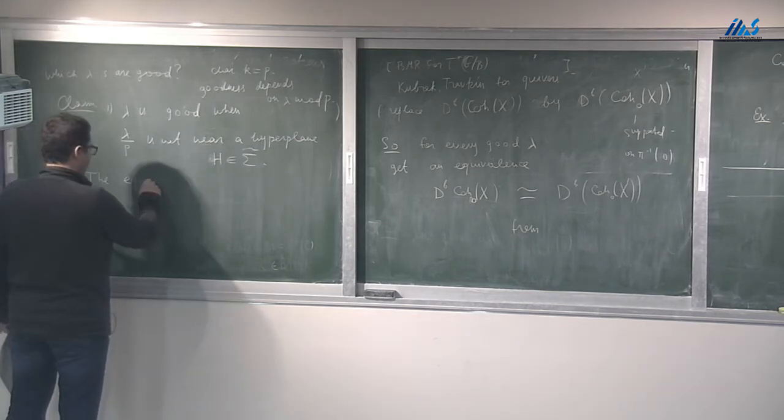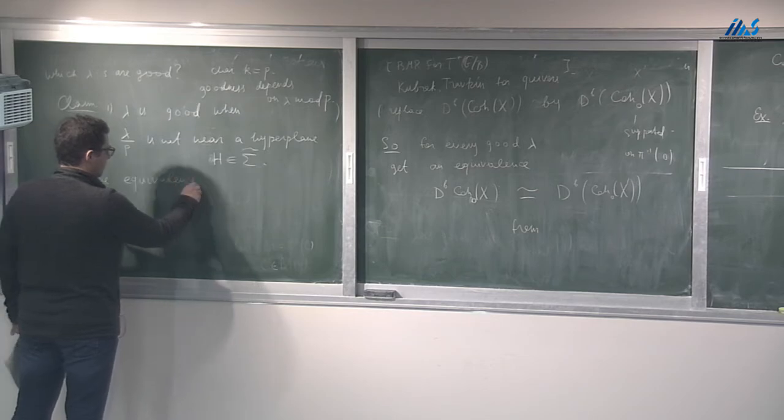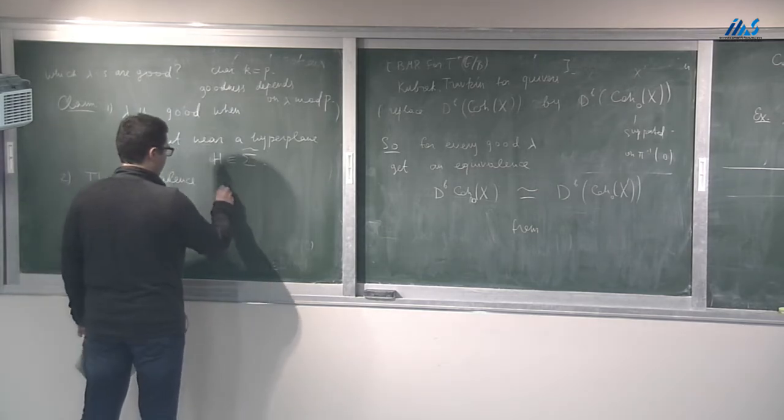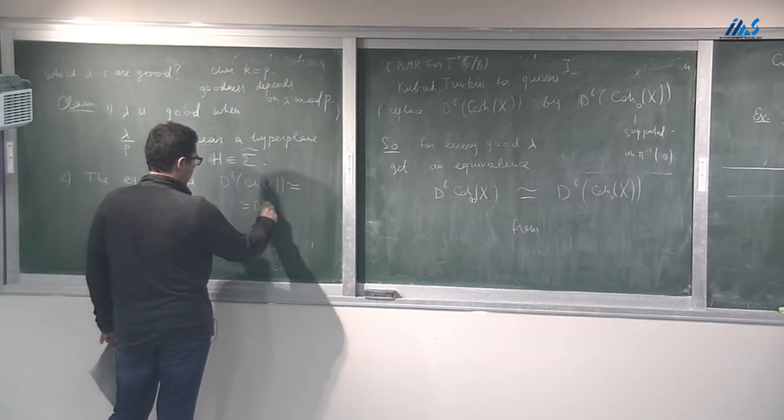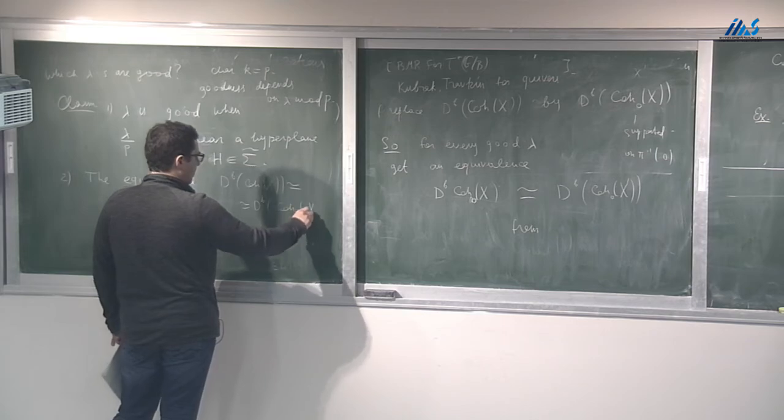And so the equivalence between the categories of coherent sheaves, D^b coh X to D^b coh X prime.